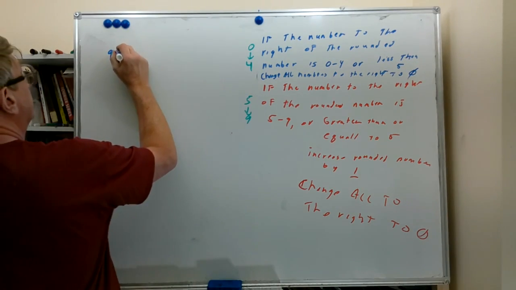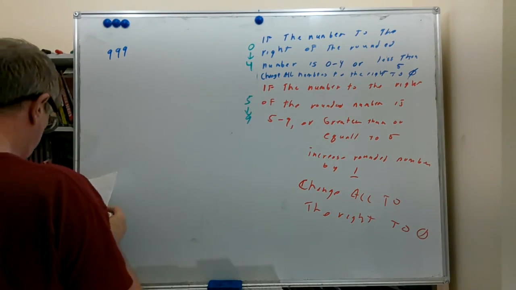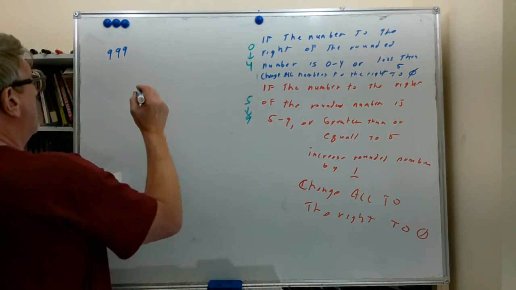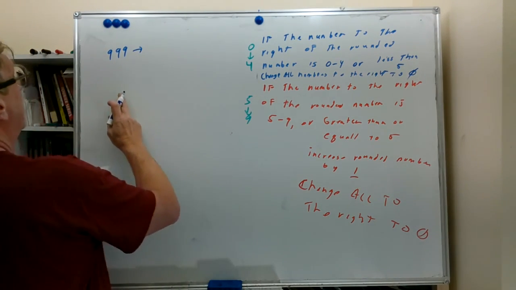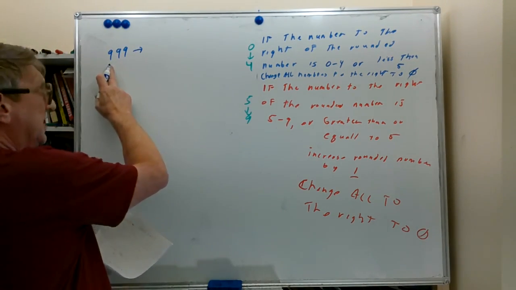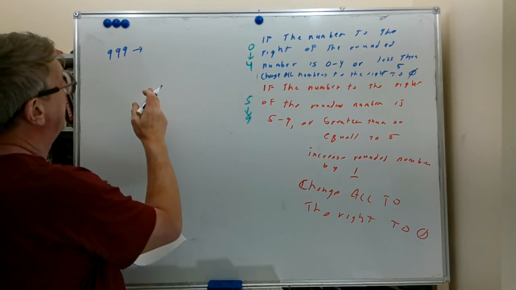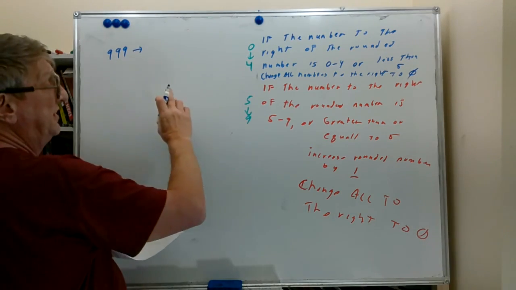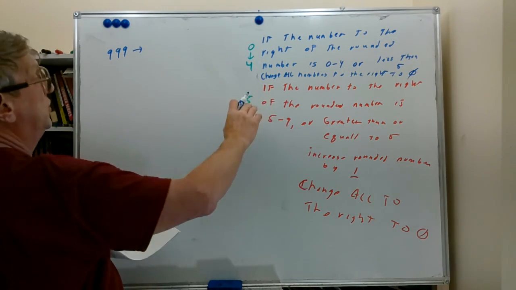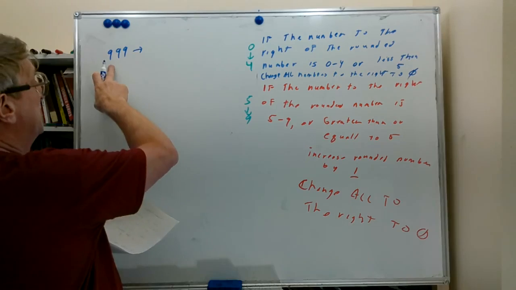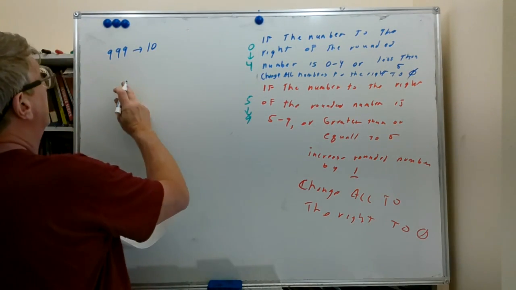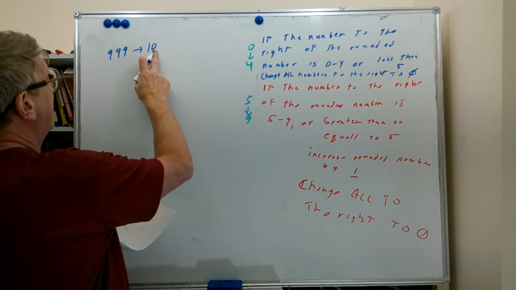9,999. We round that to one significant digit. Well, that means that's our rounding digit. We have to decide what to do based on what is to the right of it. There's a 9 to the right of it. That falls into the 5 or greater, which means we increase it by 1. Well, what's 1 more than 9? That's 10. So this single digit gets replaced by that.